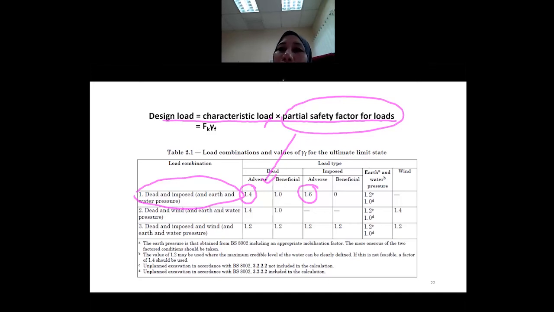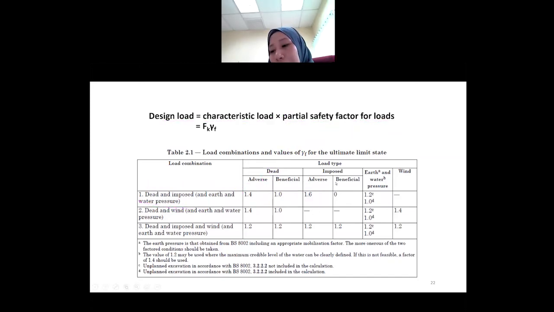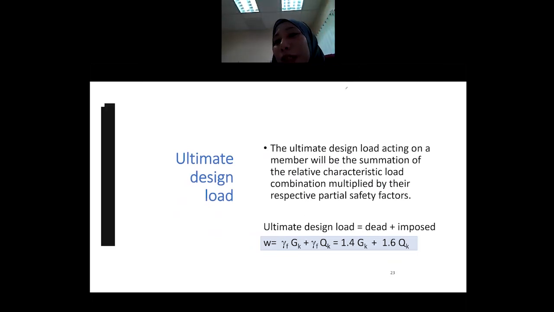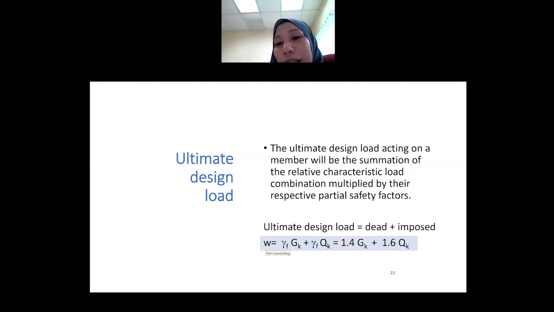Okay, so the formula daripada this table ni. So actually it will produce formula. Okay. So formula for this thing, which is W here means ultimate design load. So here ini adalah safety factor tadi.